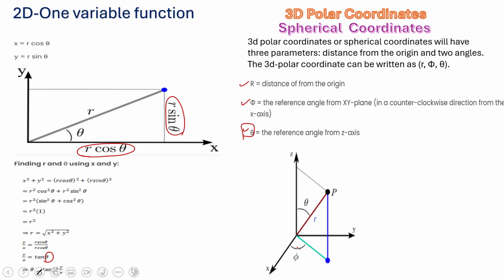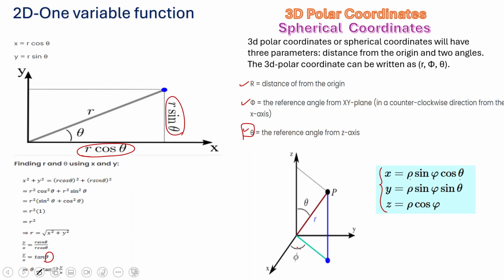Okay, now if you would like to change from the spherical to Cartesian, you use these relations, right? So you have rho, the radius, we call it rho in the spherical, not r like the polar, and you have these two angles, right?